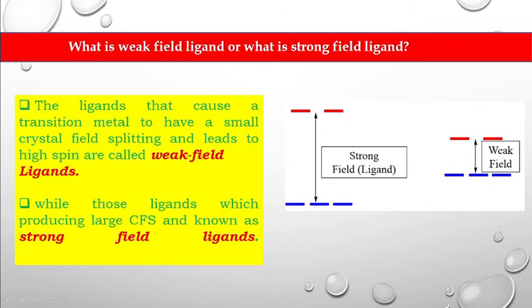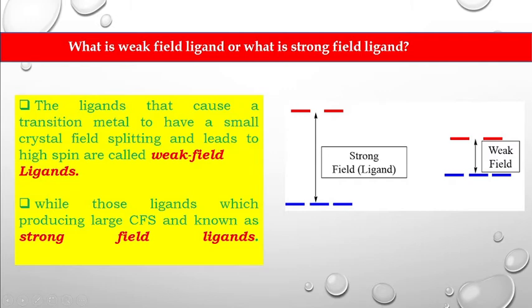Now there are two terms, one is called weak field ligand, one is strong field ligand. What is this? A strong field ligand creates large delta naught values, so the crystal field splitting energy is more. In the case of a weak field ligand the crystal field splitting energy, that means the separation between the eg and t2g levels, is small.